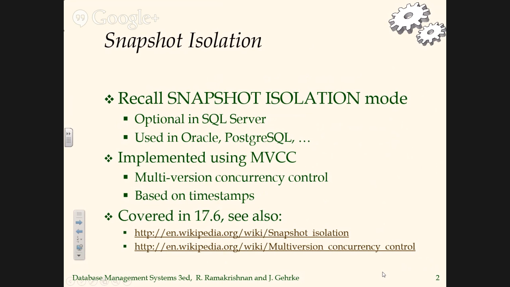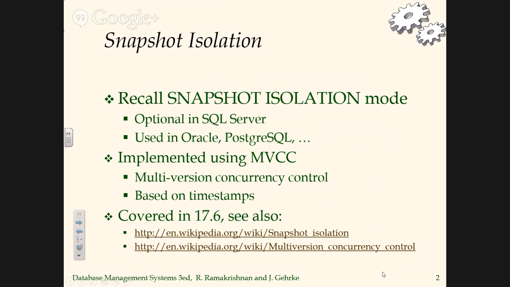Now, this is implemented using something called multi-version concurrency control, which is based on timestamps. So I'm actually going to talk first about a simpler method based on timestamps that is important to understand, and then extend that into multi-version concurrency control.